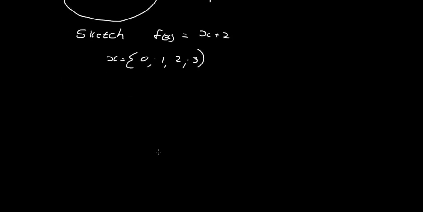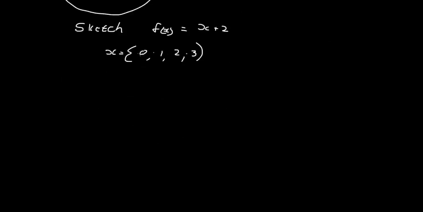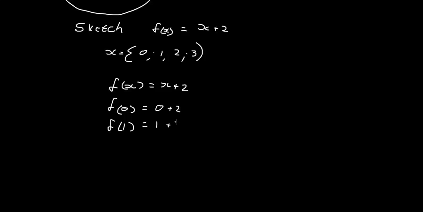We're going to plug in these independent variables for x, and we're going to get the values of the function f of x. So f of 0 equals 0 plus 2, f of 1 equals 1 plus 2, f of 2 equals 2 plus 2, f of 3 equals 3 plus 2. We just plugged in these independent variables.